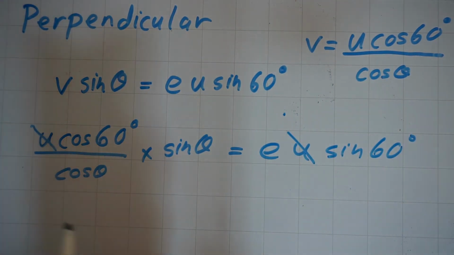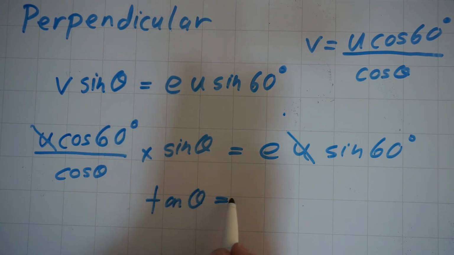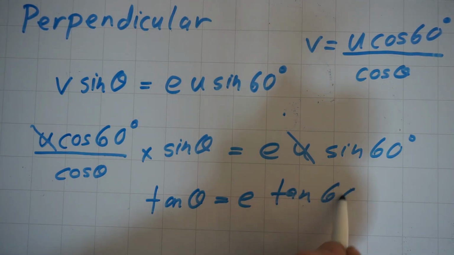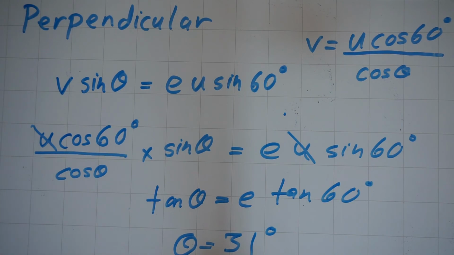We can cancel out the U's and rearrange to get tan theta equals E tan 60. Using our value of E gives theta equal to 31 degrees.